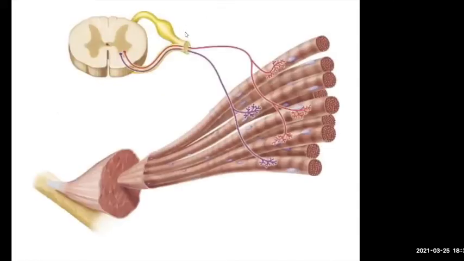So here is a spinal cord. Here is the excitable nerve tissue, a red and purple neuron that sends its axon out the spinal nerve and then connects to the muscle fibers. So there's an excitable tissue here, and then these are excitable too.